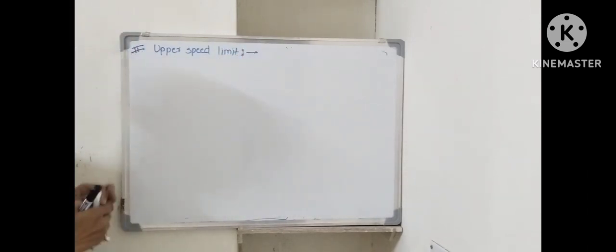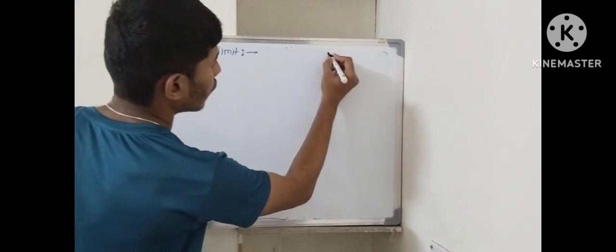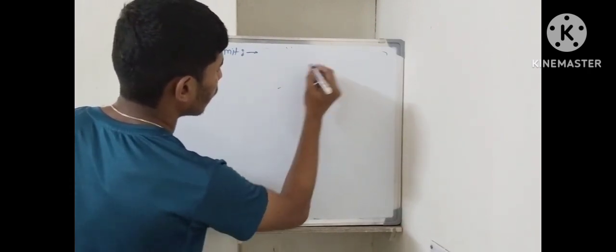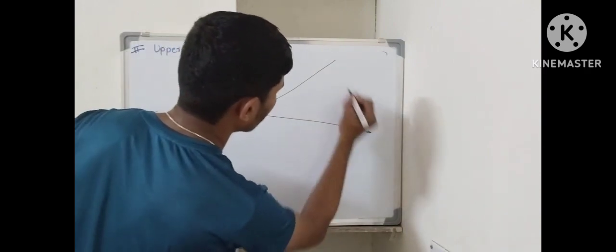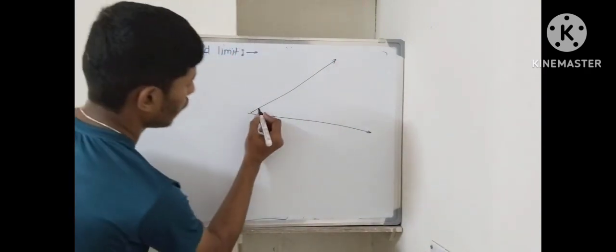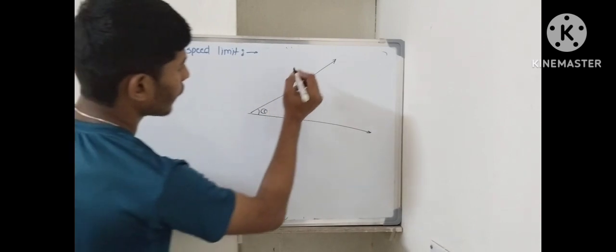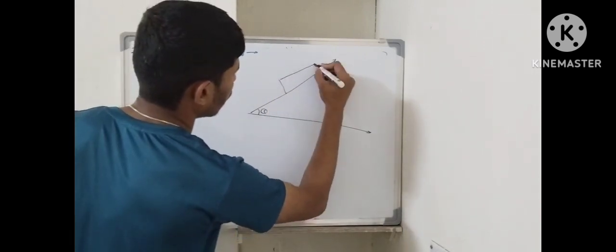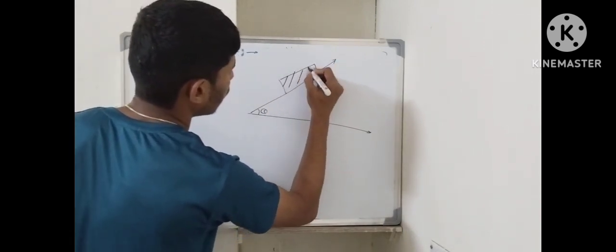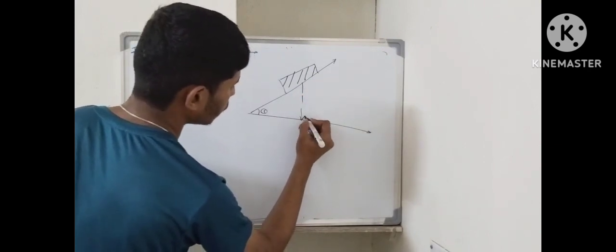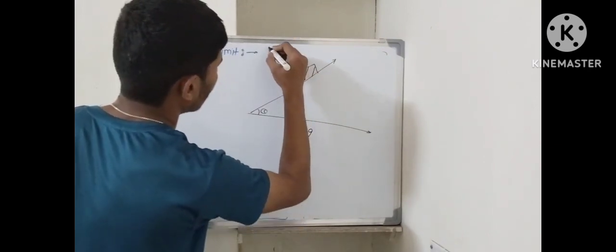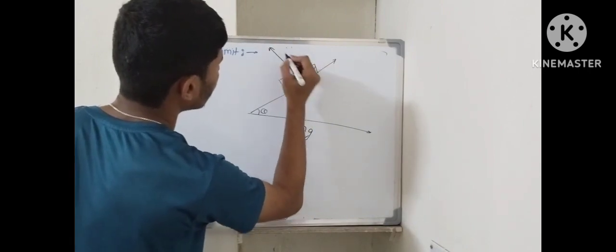Upper speed limit. Now here it is theta. This is the car traveling along a horizontal road, and the weight acting in downward direction, the normal reaction perpendicular to the road.